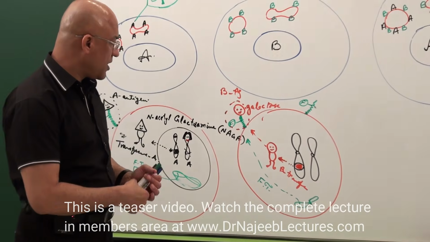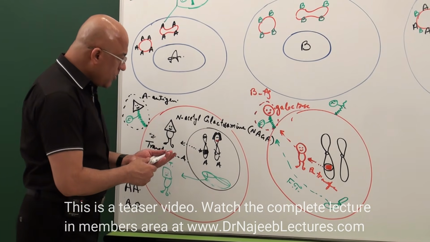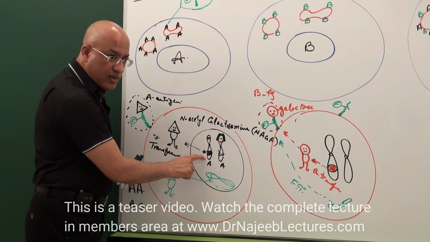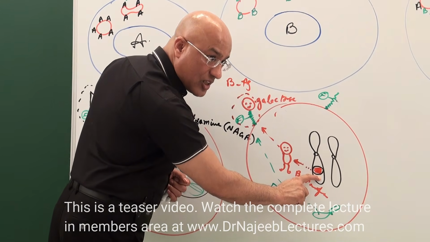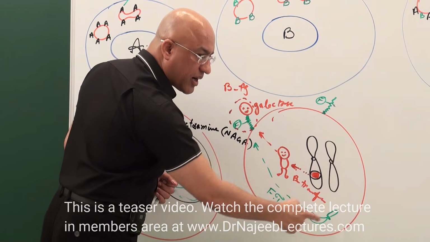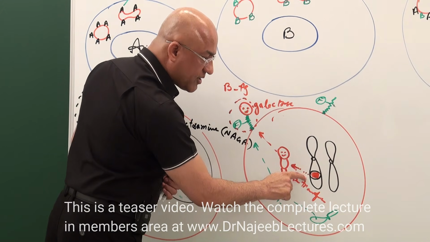Now we come to this. Here was the transferase A gene and here is the transferase B gene. This is a person who is going to make blood group B. What is this gene?